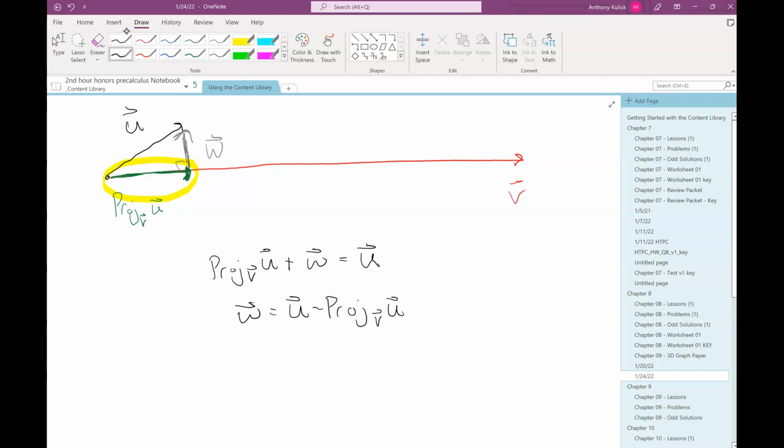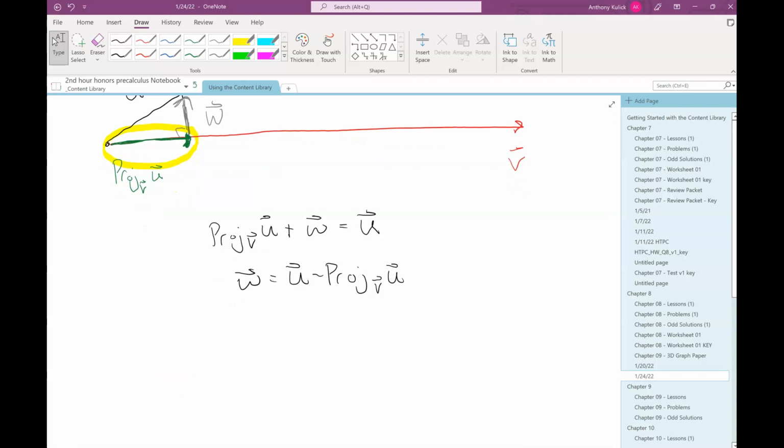Okay, so how do we actually go about calculating this projection?